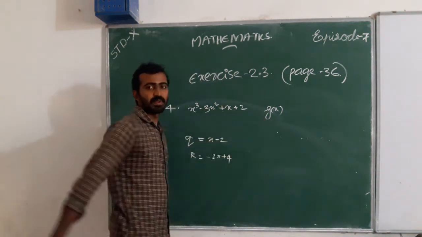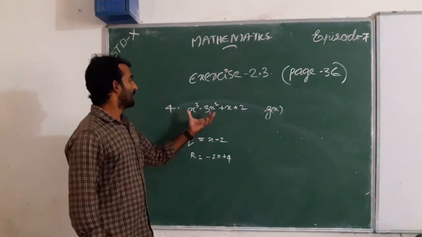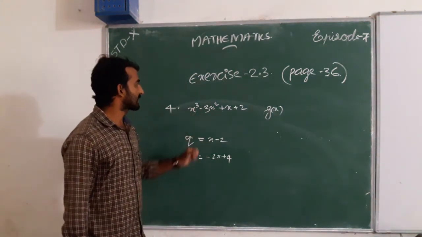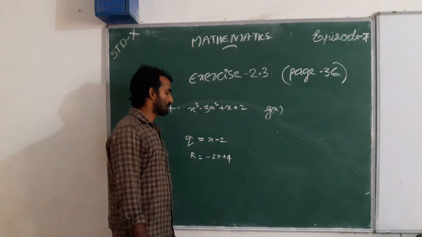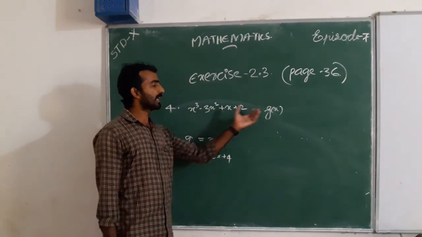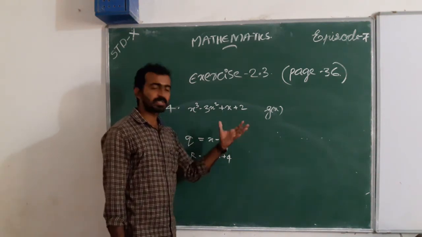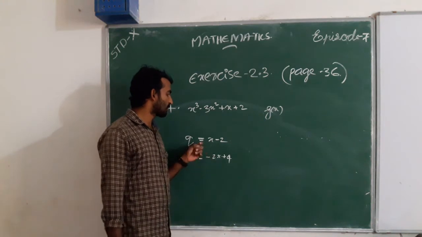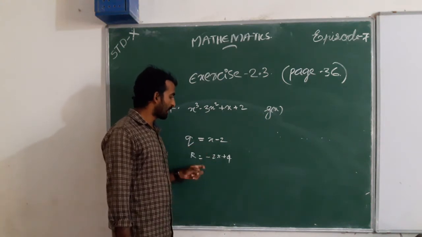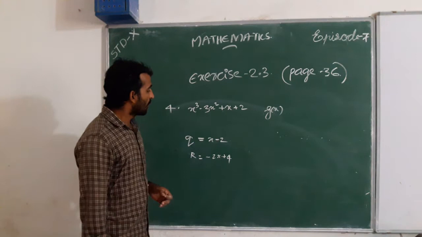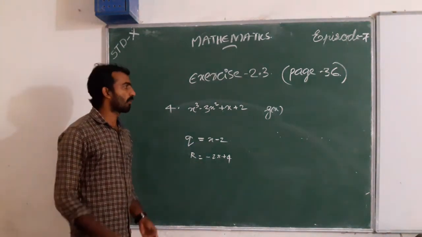Find g of x. When we take the polynomial x cube minus 3x square plus x plus 2 and divide it by g of x, g of x is a polynomial, then we get the quotient x minus 2 and remainder negative 2x plus 4.